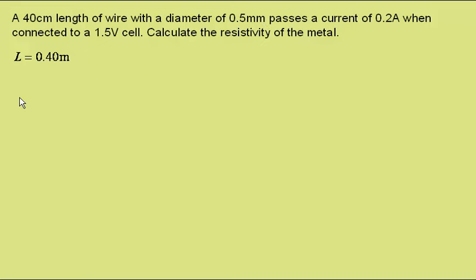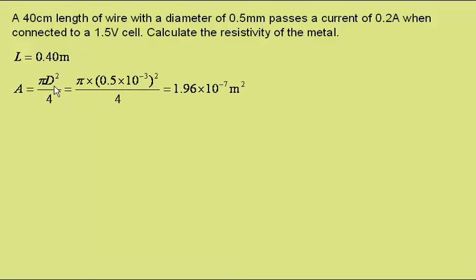So I can write the area as pi d squared over 4, which is pi times the diameter of 0.5 times 10 to the minus 3, because it's millimeters, squared, divided by 4, giving an area of 1.96 times 10 to the minus 7 square meters.